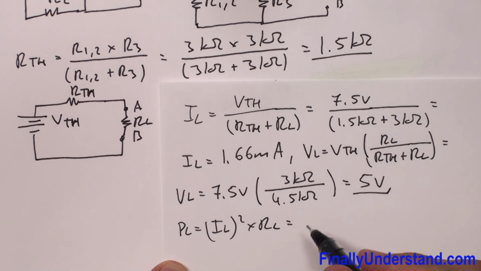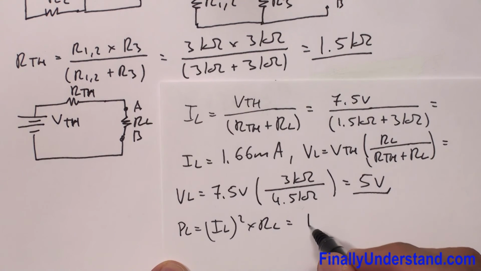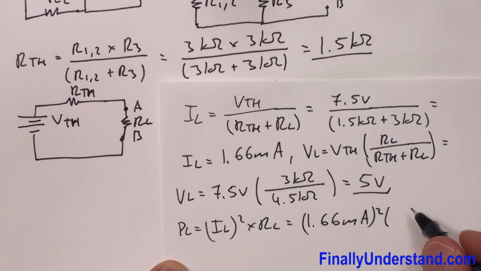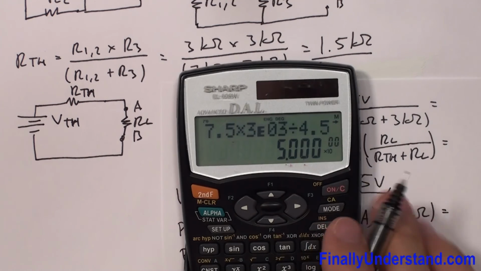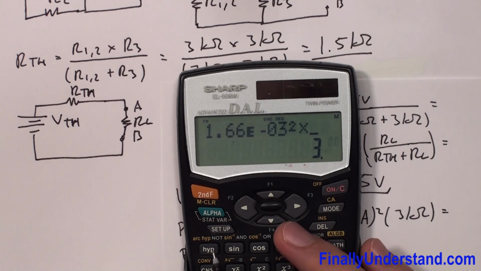So IL is equal to 1.66 milliamps raised to the second power times RL, which is equal to 3 kilo ohms. Okay, so PL is equal to 1.66 exponent negative 3 squared times 3 exponent 3.